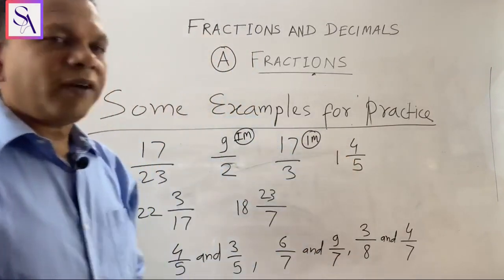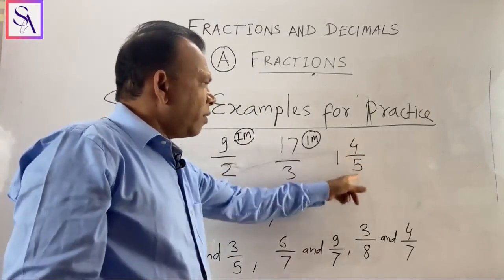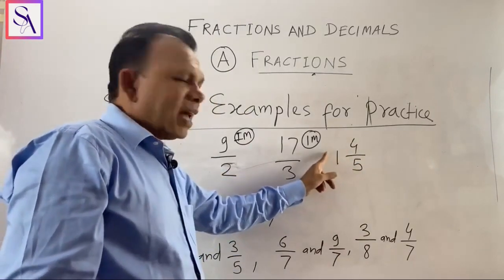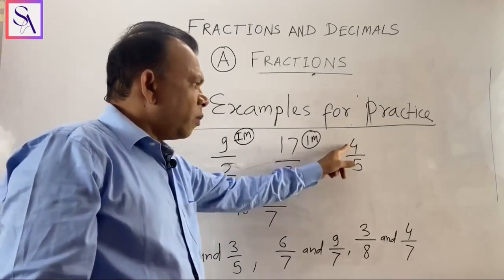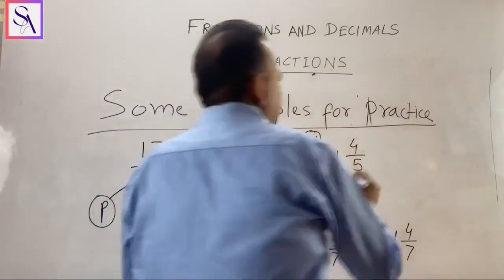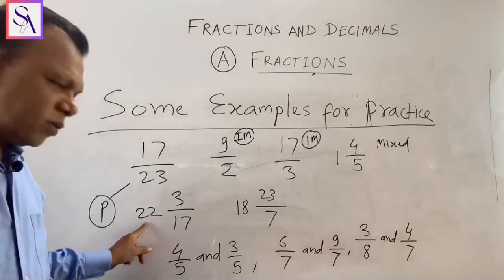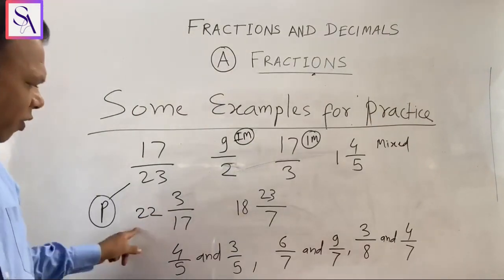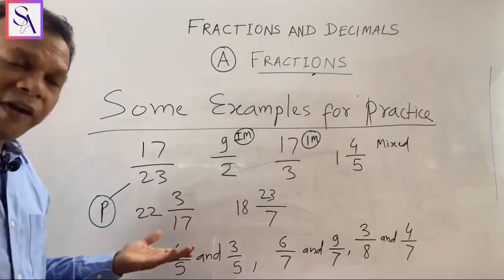Now this one, 1 and 4 by 5, we have already seen this. Here 1 is there, right? So 1 is a whole number, 4 by 5 is a fraction. So mixing is there, so it's a mixed fraction. This one, 22 and 3 by 17. Here also 22 is a whole number, and 3 by 17 is a fraction.